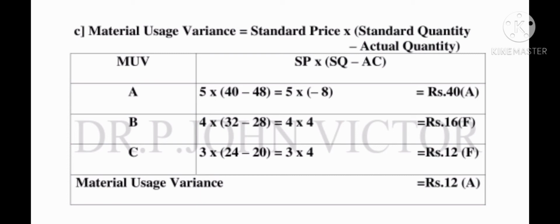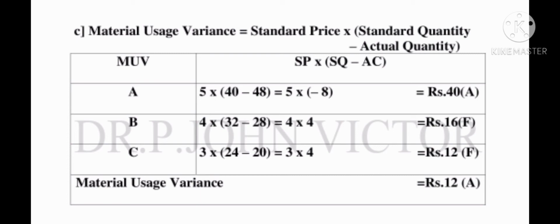Then product B, 4 is the standard price. Then 32 minus 28, 32 standard quantity minus 28 actual quantity. Now you see that 32 is the bigger value, it is a positive value. That means 32 minus 28 is 4. So 4 into 4 is rupees 16, it is a favor value.